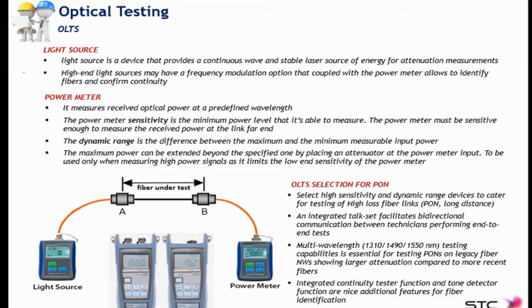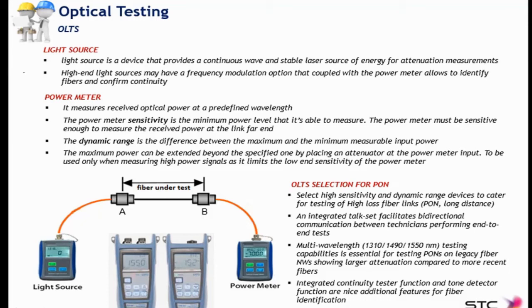However, when you measure relative power between 2 points, which is typically the case in telecom networks, we are measuring the attenuation introduced by an optical link between 2 points, A and B. This is the fiber under test.